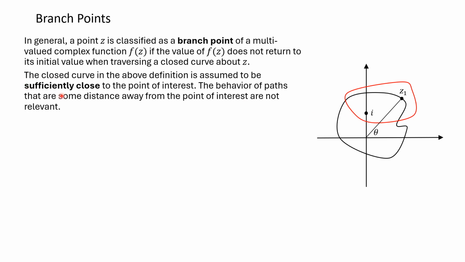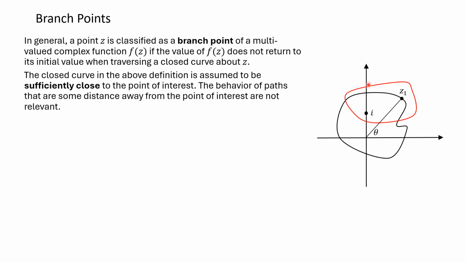But again, the condition here is that you need to be sufficiently close. So if we take a smaller closed curve, and in particular a closed curve that doesn't include the origin, then if we follow the angle made between the point and the positive real axis, it does not increase by 2 pi.